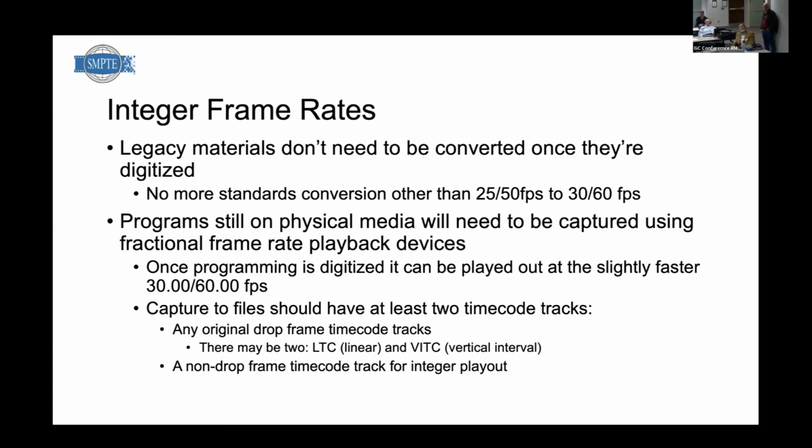We created a non-drop time code track along with the other two tracks while we were creating the file, so we know it can be done. And you can go back to previous content that may only have drop frame time codes, and you can generate another time code track that could be a non-drop time code track. You will need to do that, but it can be done. It's actually fairly trivial as opposed to playing out tape machines at a different speed.